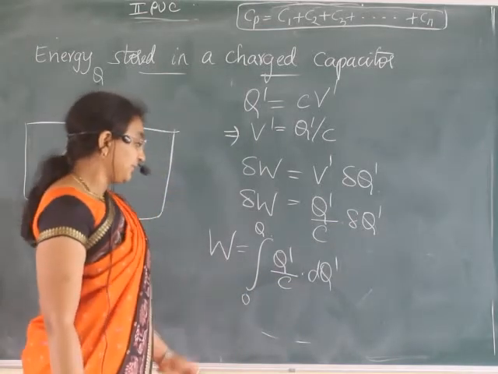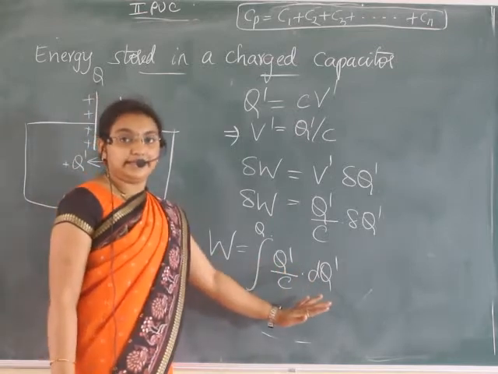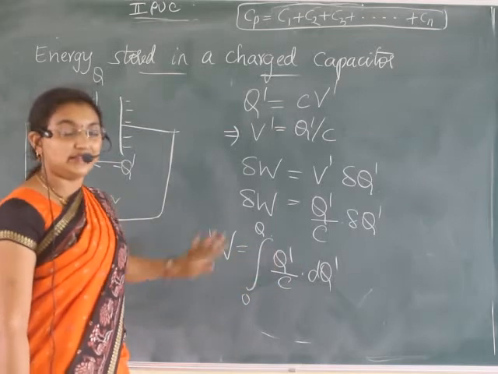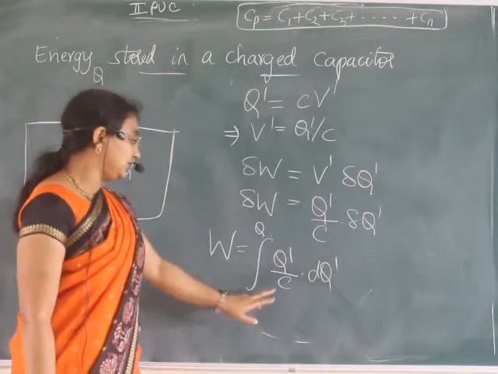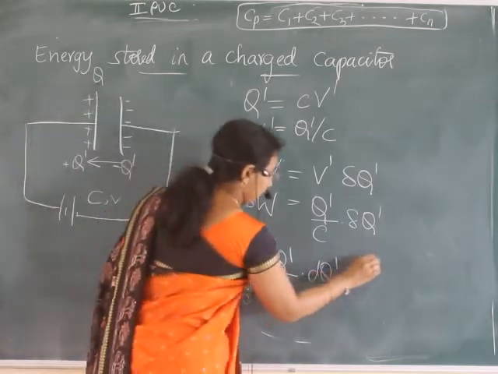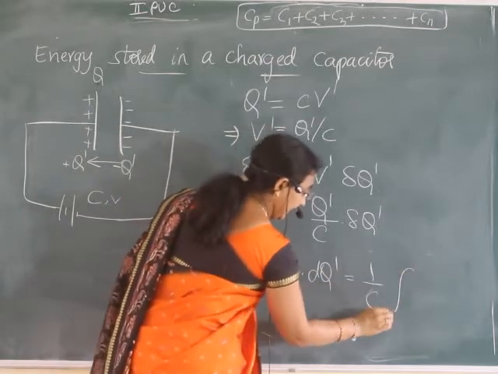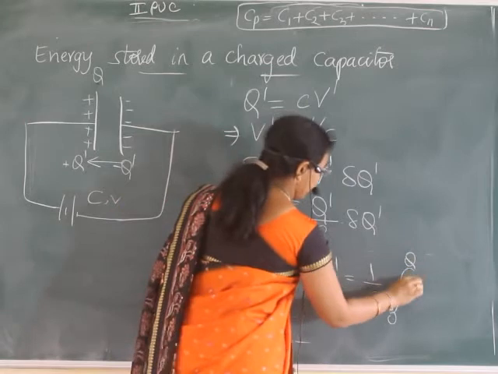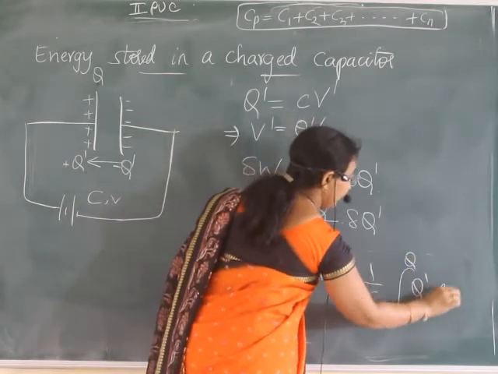Before doing integration, we will take the constant outside. So, it is 1 by C, integration from 0 to Q, Q dash into dq dash.